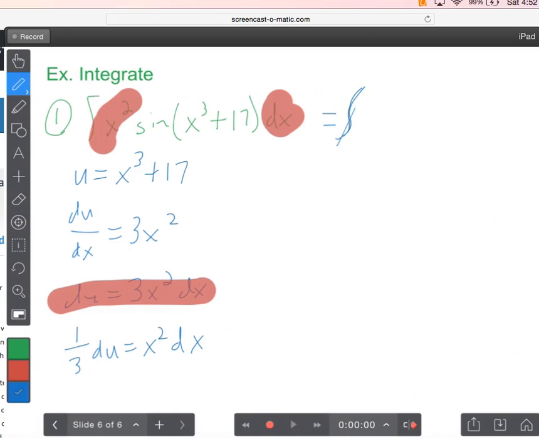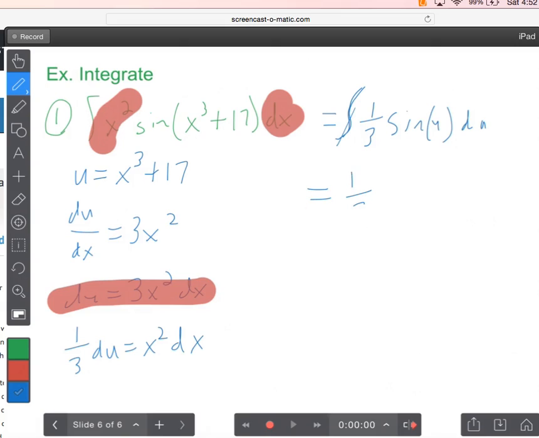Again, we have that u is equal to x cubed plus 17, so I'll make that substitution in, u in for x cubed plus 17, and for x squared dx, I need to put in that spot 1/3 du. Now that my integral is solely in terms of the variable u, I can integrate.